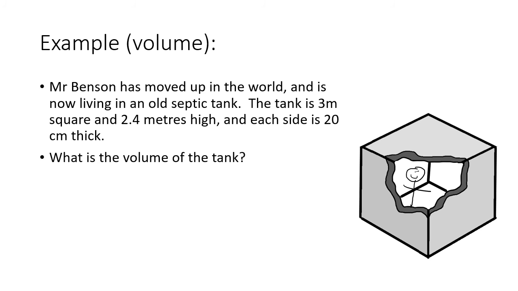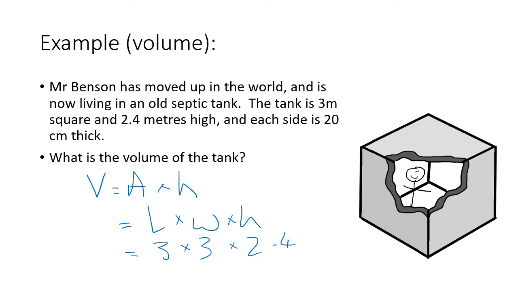So what is the volume of the tank? Volume is area times height, or volume is length times width times height for the tank. And so we've got length times width times 2.4, and we get 14.4 meters cubed is our answer there for the volume. So that's fairly straightforward.